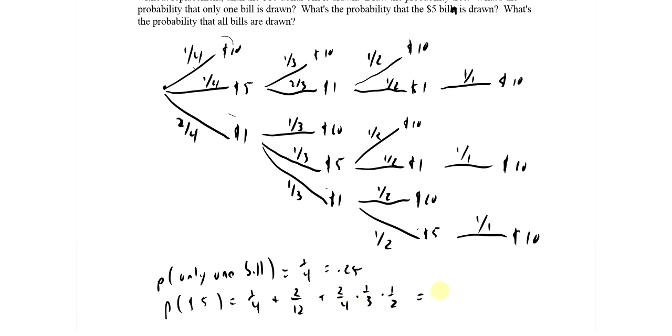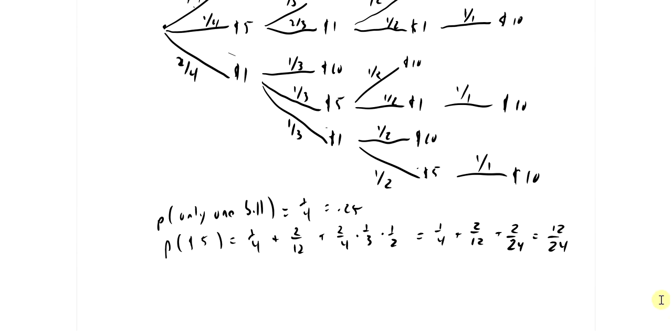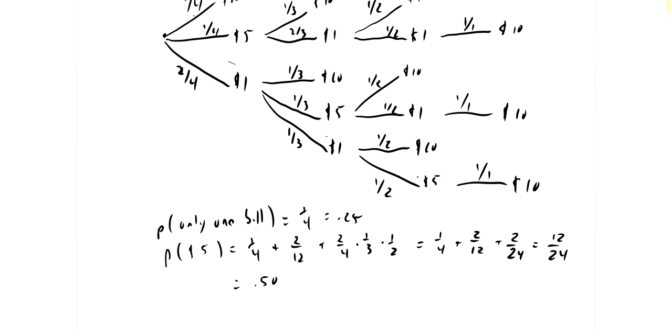Right? And so 1/4 plus 2/12 plus 2/24. I think that's 12/24 overall. 50% chance of drawing the $5 bill, right?